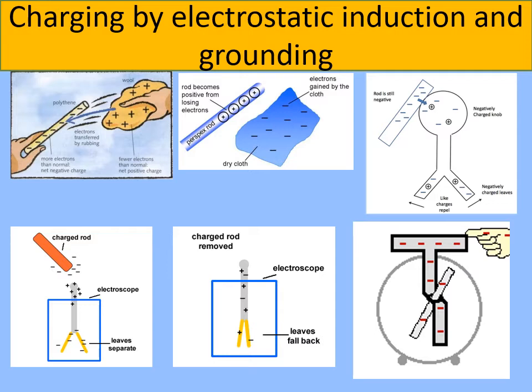The grounding process involves a transfer of electrons from the charged electroscope to the ground, in this case. So the electrons leave the electroscope to go to the ground, causing the gold leaf to go back to its naturally fallen position.